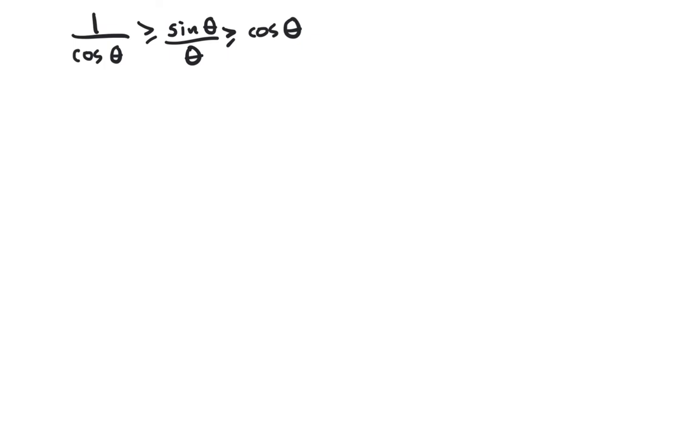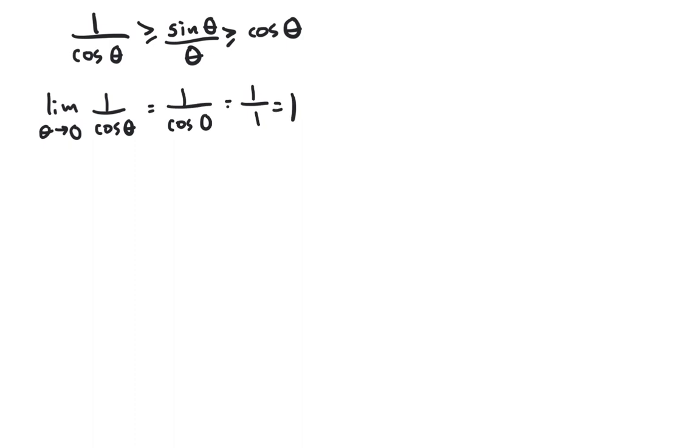Let's take the limit as theta approaches 0 of 1 over cosine theta. This is a nice function. There's no weirdness going on, so we can just plug in 0. So this is going to be 1 over cosine of 0, which is, of course, 1 over 1, which is 1.